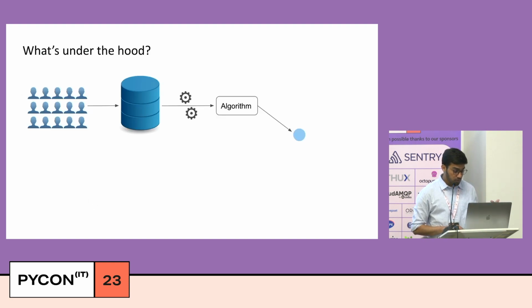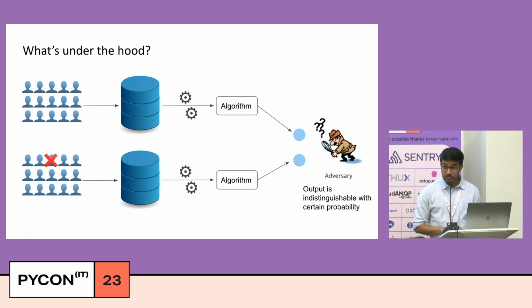To go into more detail, let's see what's under the hood. Imagine I have a dataset with, say, 100 individuals, and I have a machine learning algorithm which tells me the probability of a person having cancer. Now I have another similar dataset in which one particular individual is taken out. That's what we call an adjacent database, because it's almost the same except for the presence of one individual.